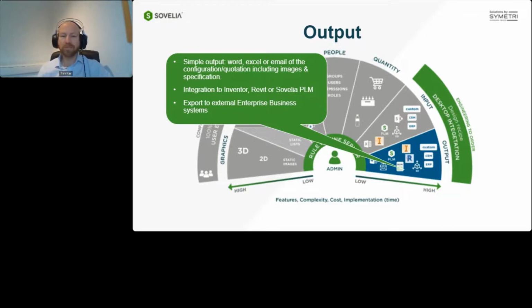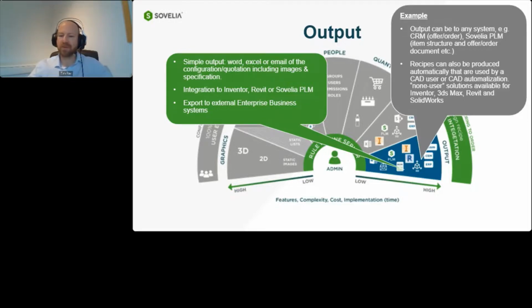We can also export to external business systems. So again, it might be PLM, it might be our CRM system, it might be our ERP system, to put the information straight into our production without having to enter any more information. So we've just got some examples of those there.